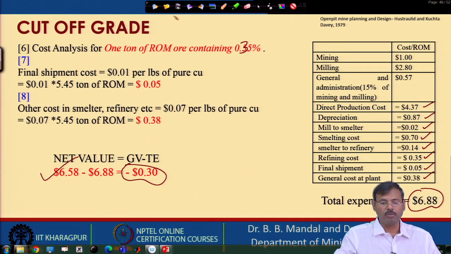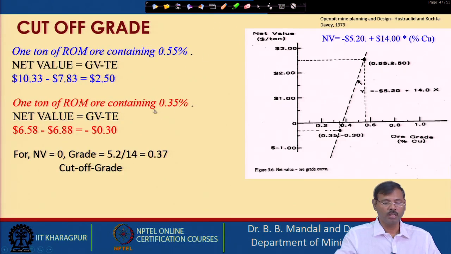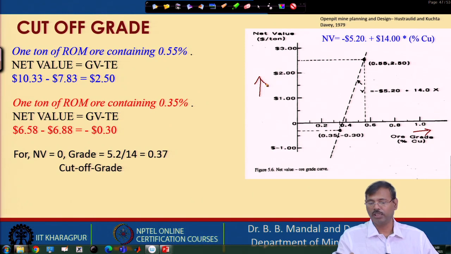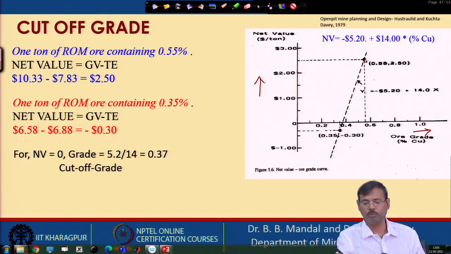Now, if we are plotting these in a graph, this is ore grade, and this is the net value. Net value means income minus expenditure, and in consideration of that, by plotting this point for 0.55 grade, we are having a $2.5 profit.